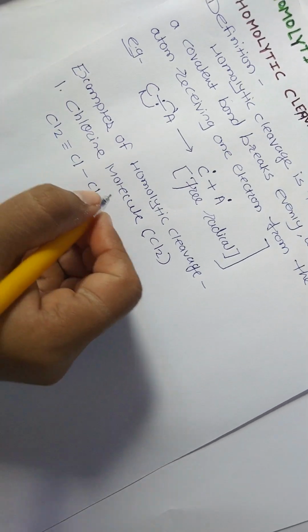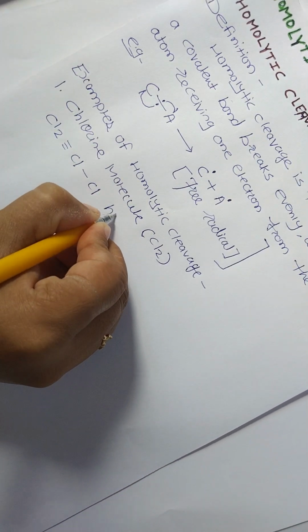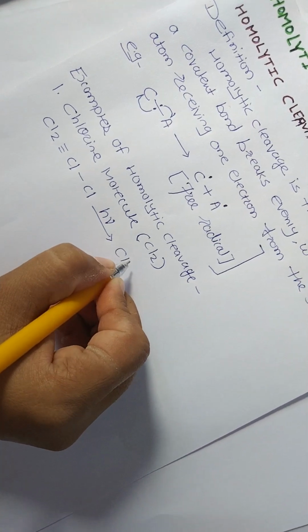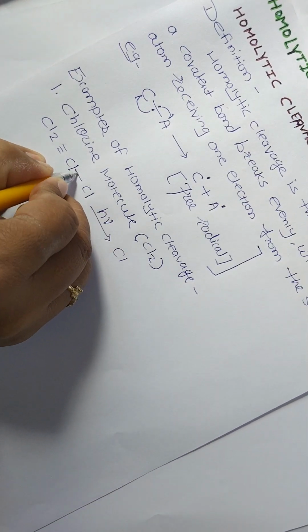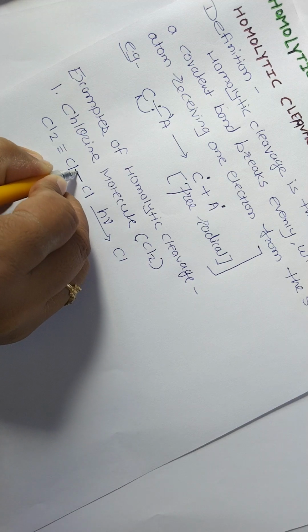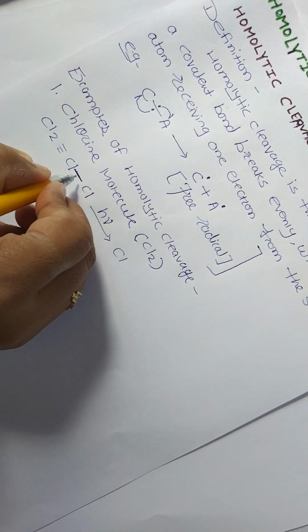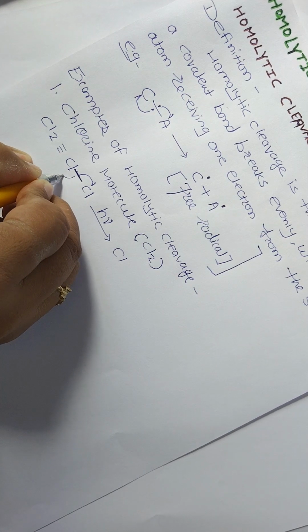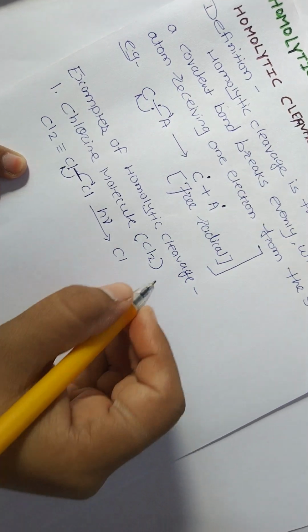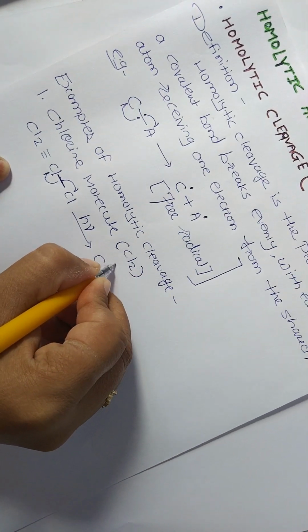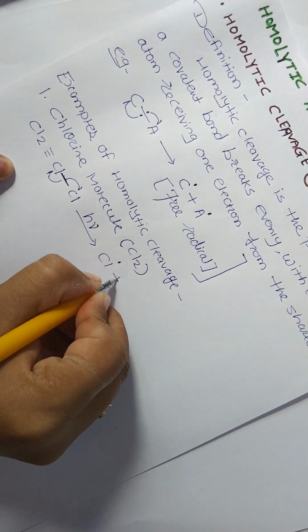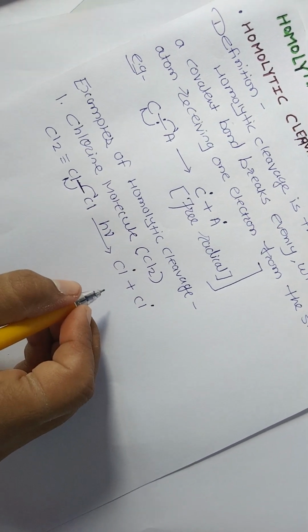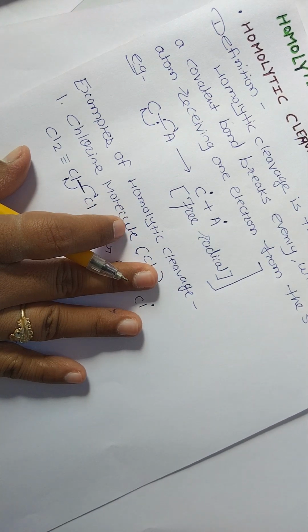Okay, then under the condition of UV light, this bond will break, and the one electron will get this chlorine and another electron will get this chlorine, so we'll get the chlorine radical and this one is another chlorine radical. Okay, this is the first example.